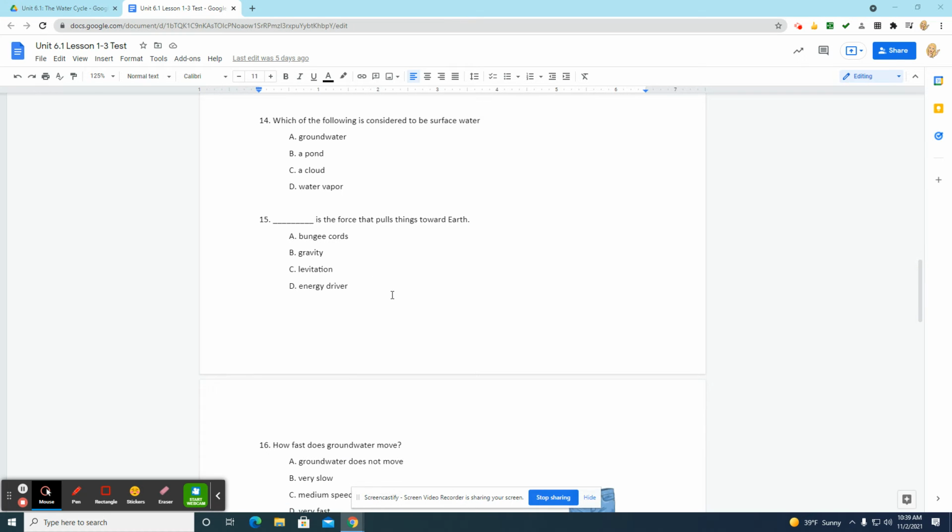Blank is the force that pulls things toward Earth. Is it bungee cords, gravity, levitation, or energy driver? The force that pulls things toward Earth.